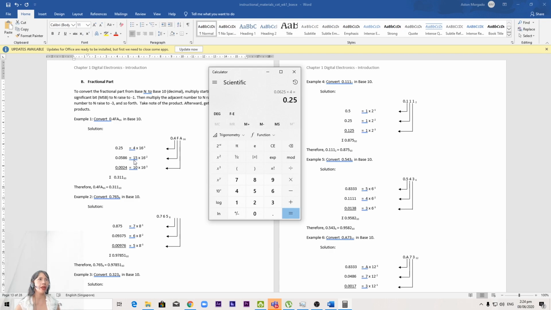In lieu of F, please punch 15 in your calculator. 15 times 16 to the negative 2. We start with negative 1, next is negative 2, then negative 3. If you have 4 digits, negative 4, negative 5. So 15 times 16 raised to negative 2.